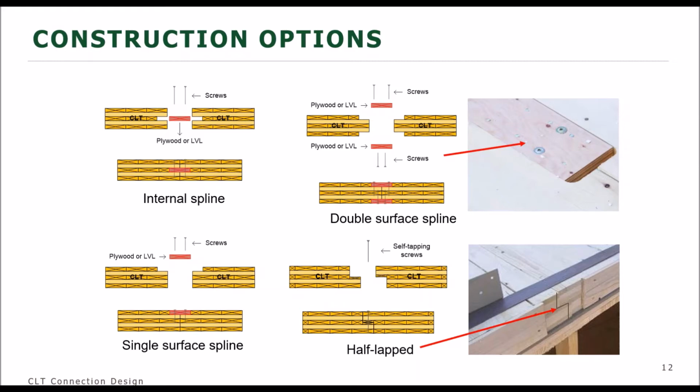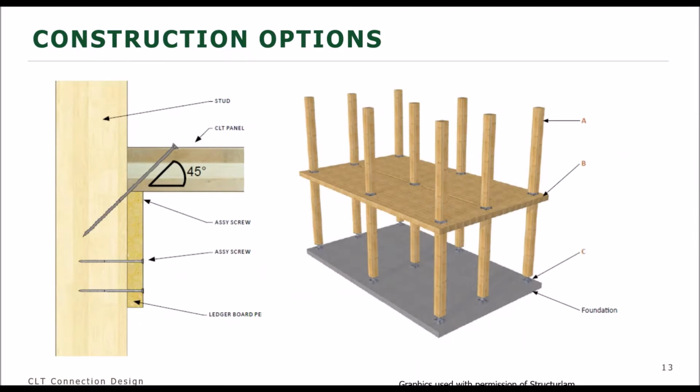These types of CLT panel joints would typically give us an ordinary system for seismic design purposes, so that doesn't complicate our analysis unnecessarily. But you'll see that there are options such as splines or lapped connections, and again, it depends on the manufacturer and the situation.